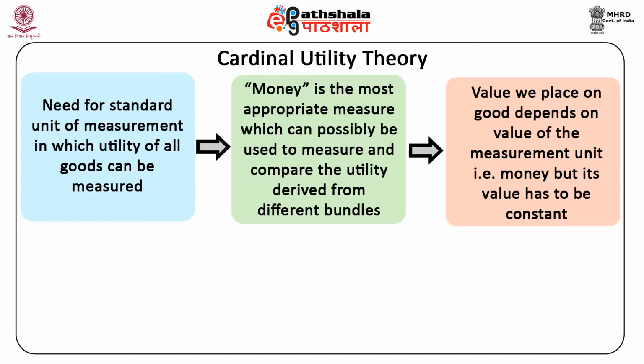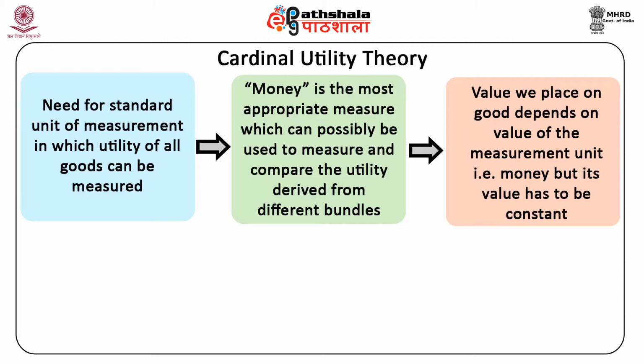Its value has to be constant, and hence Marshall brought in an assumption of constant utility of money. This means a rupee means the same to you, whether you are rich or poor. Hence, the 100th rupee should give the same utility as the first rupee, or for that matter, the 10th rupee.